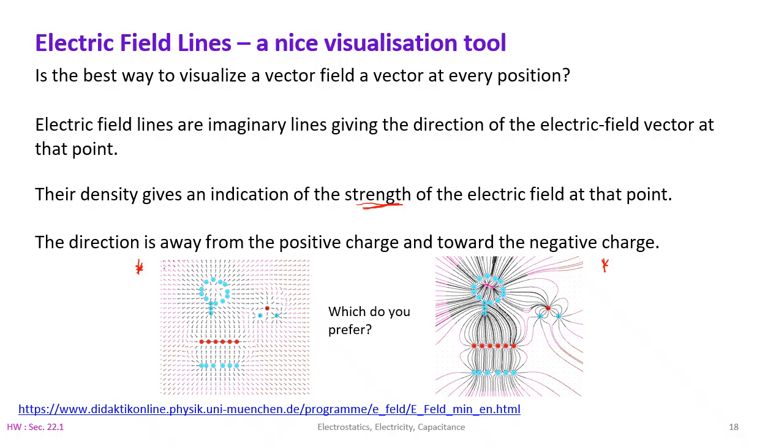And it also gives you an idea of the direction of the electric field. So each of these lines starts on a positive charge and goes to a negative charge. And the electric field always points away from the positive and towards the negative. Let's have a look at some more detailed examples.